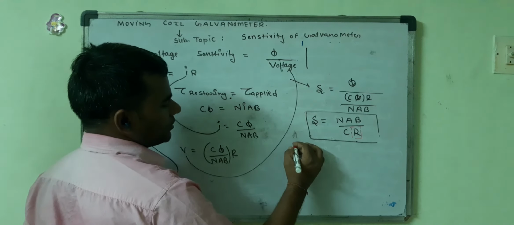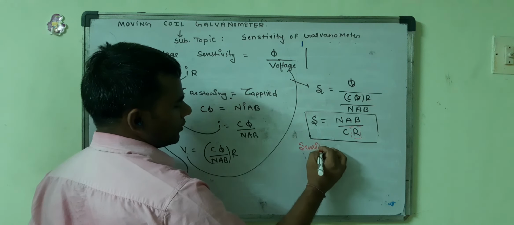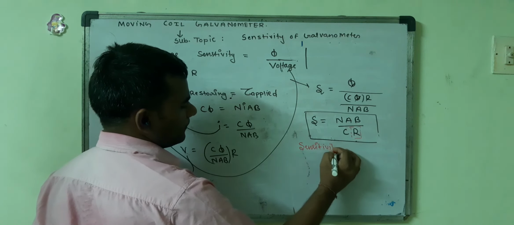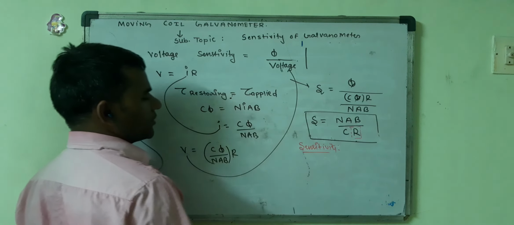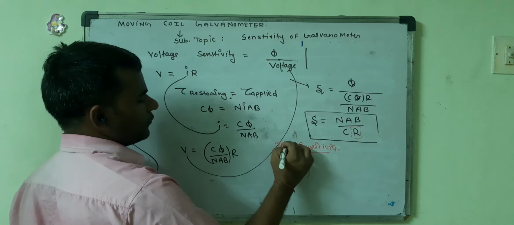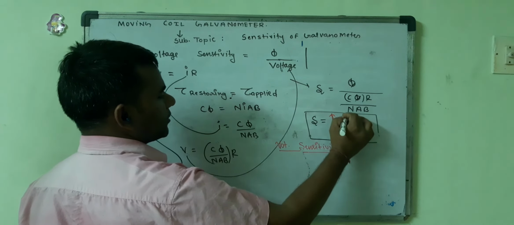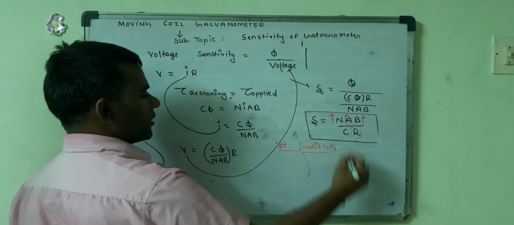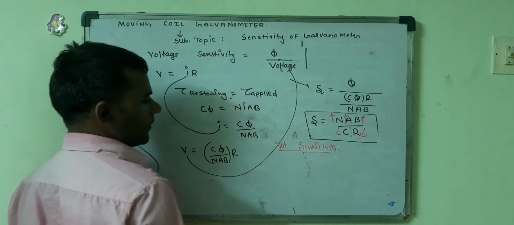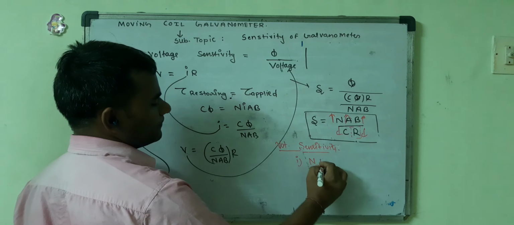Now here also the question comes: how to increase the voltage sensitivity? Same thing. Increase these, and decrease these. First, increase number of turns.